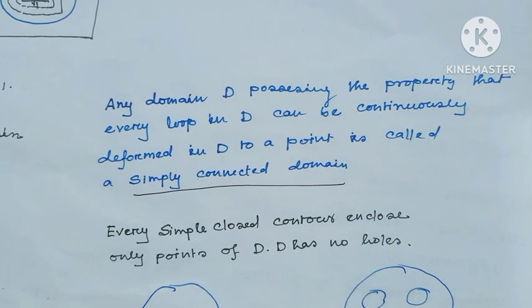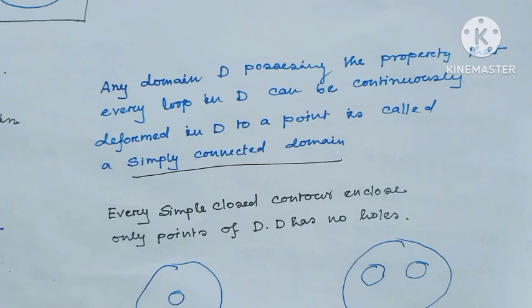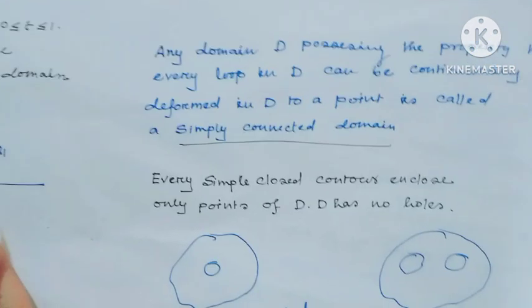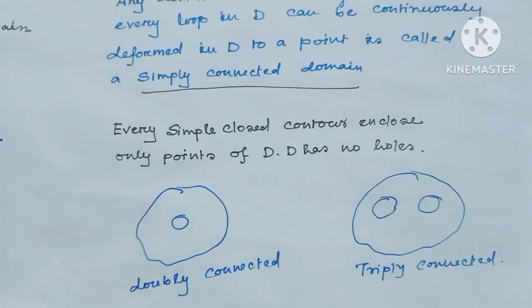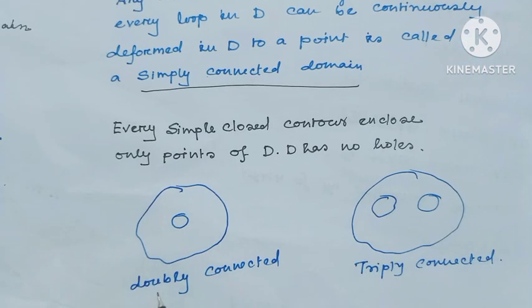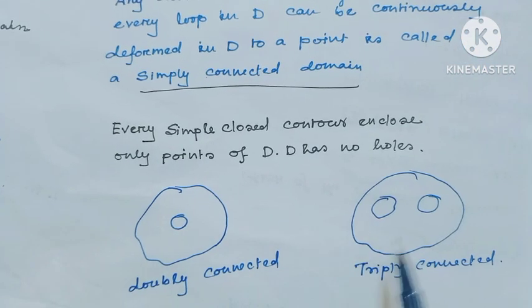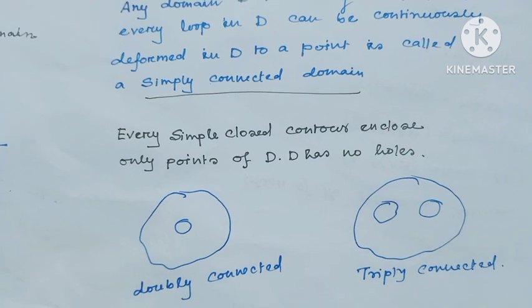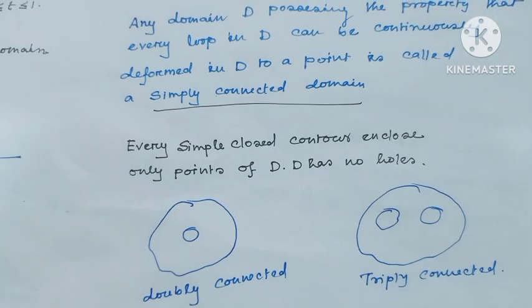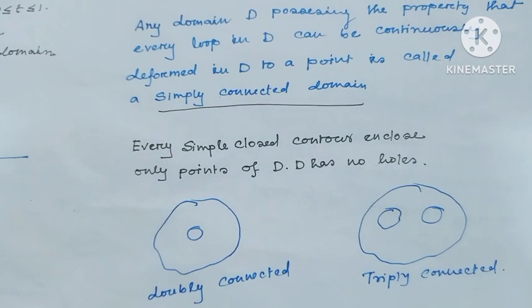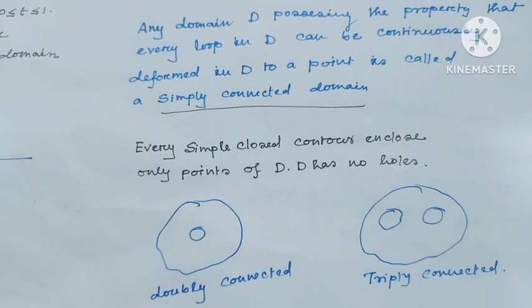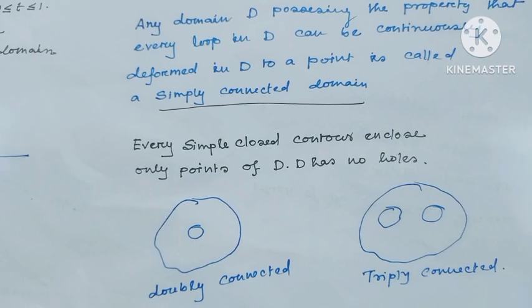That means every simply connected domain encloses only points of D, where D has no holes. Notice the picture. This is the doubly connected. This picture is the triply connected. And simply connected means this can be continuously deformed in D to a point. This is called a simply connected domain.